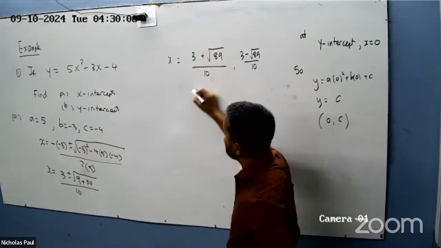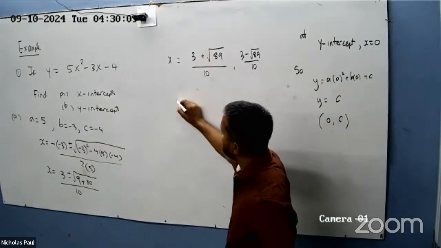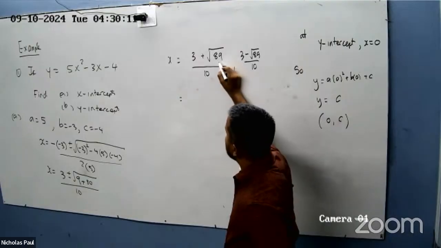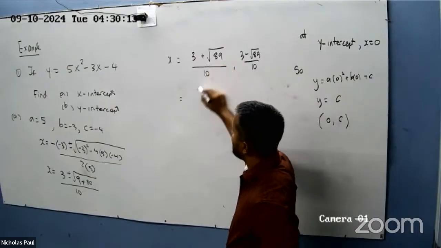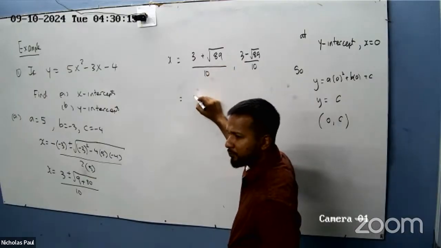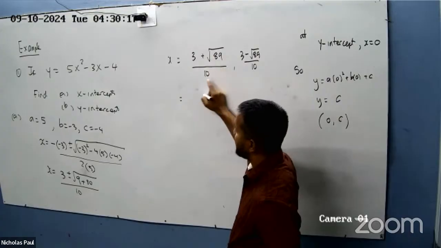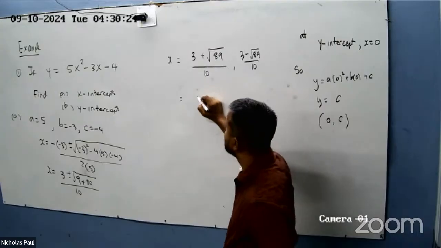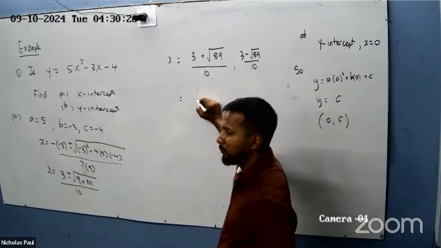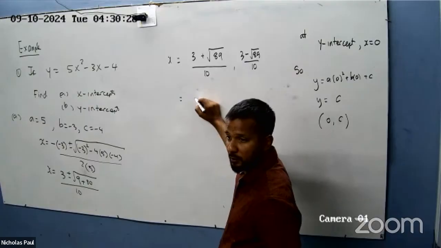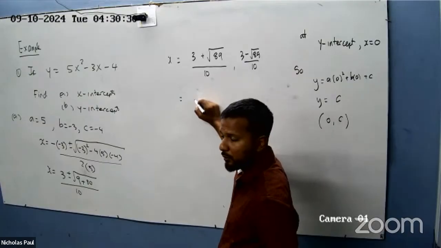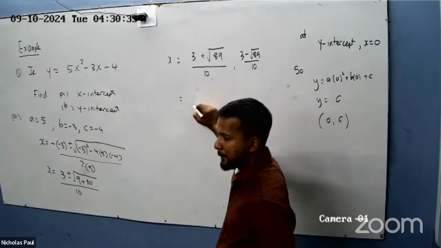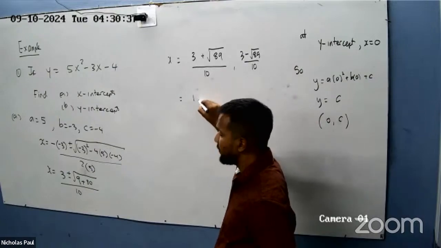Put this in the calculator, tell me how much you get. Right? That will be what? 9, 12 point something. Tell me what this is. One point what? 1.24.